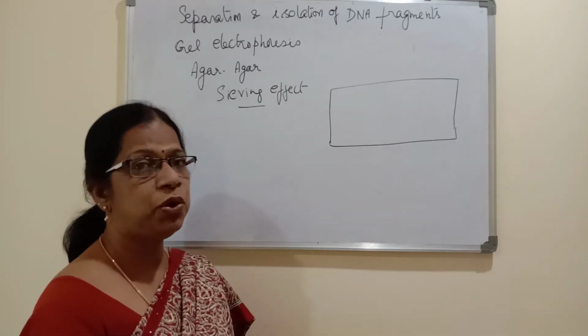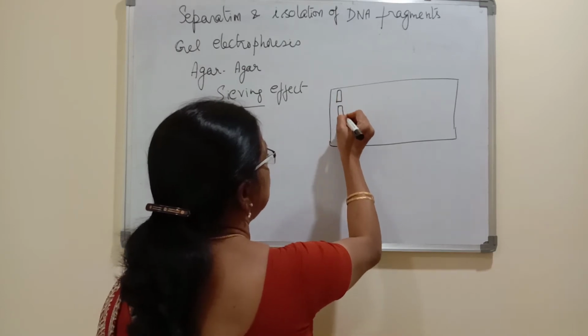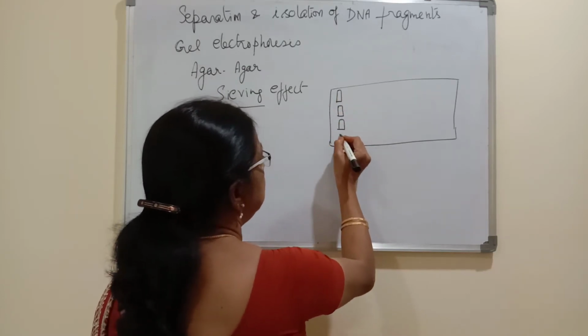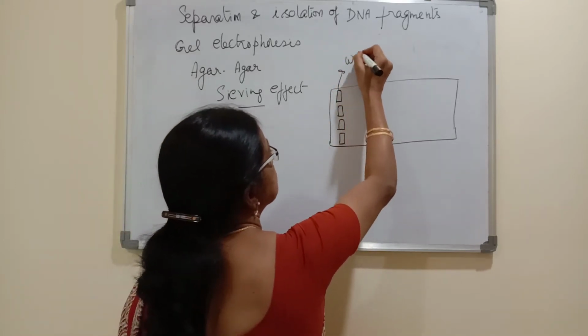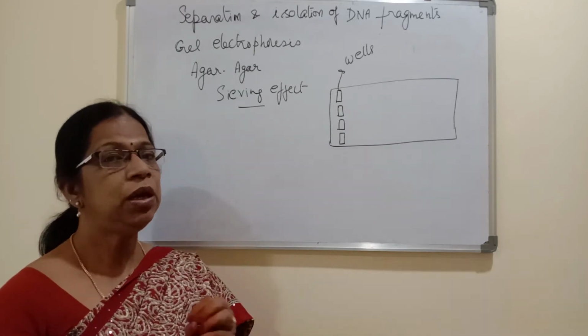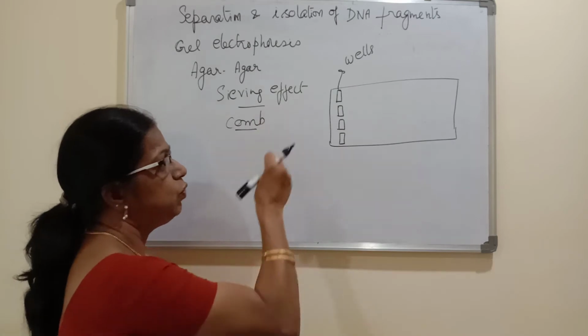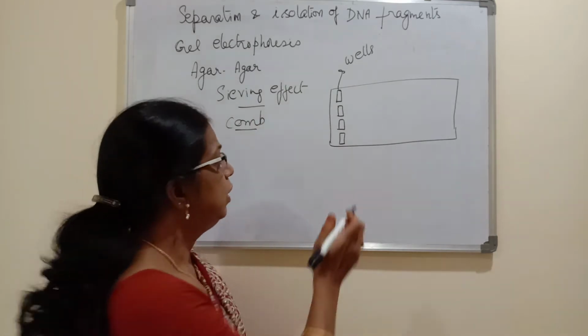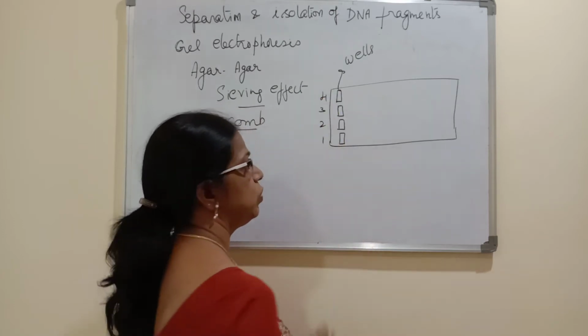Towards the starting point, 4 wells are made with a comb, named first, second, third and fourth.